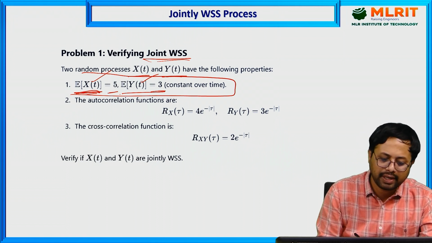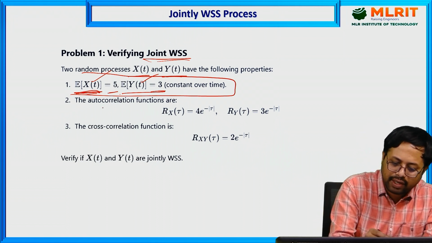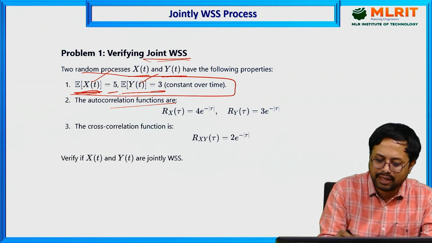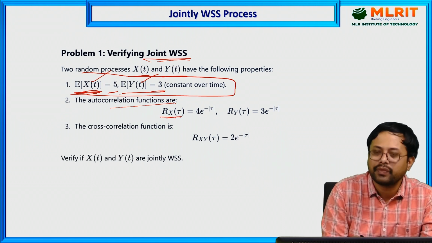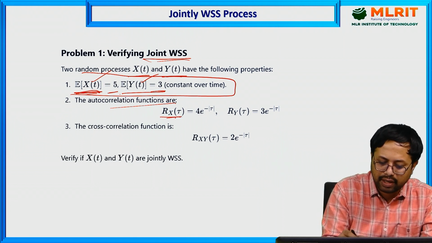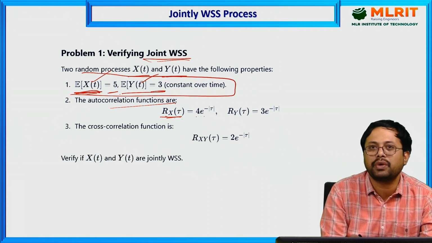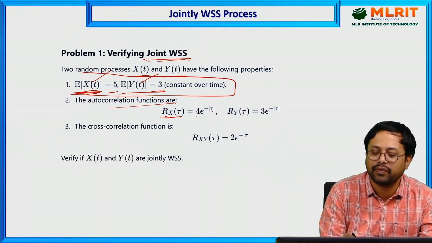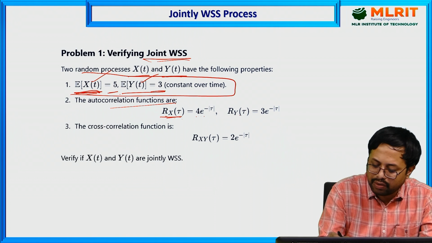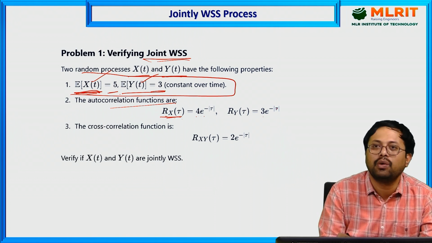Then the autocorrelation function is given: Rxx of tau equals 4 into e to the power of minus mod tau. Next, Ryy of tau is given as 3 into e to the power of minus mod tau.